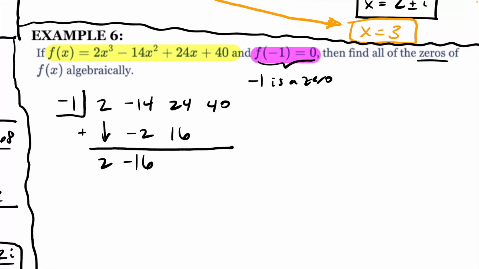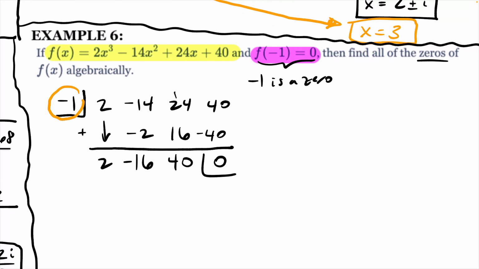Add straight down, you get 40. Multiply 40 times -1, you get -40. No remainder like we saw. -1 is one of our answers.